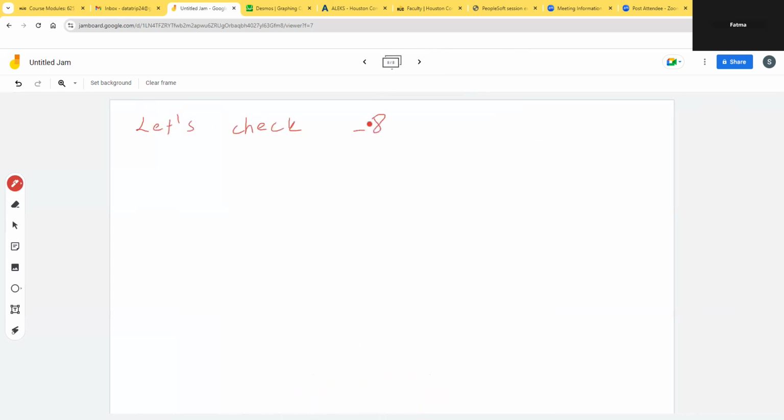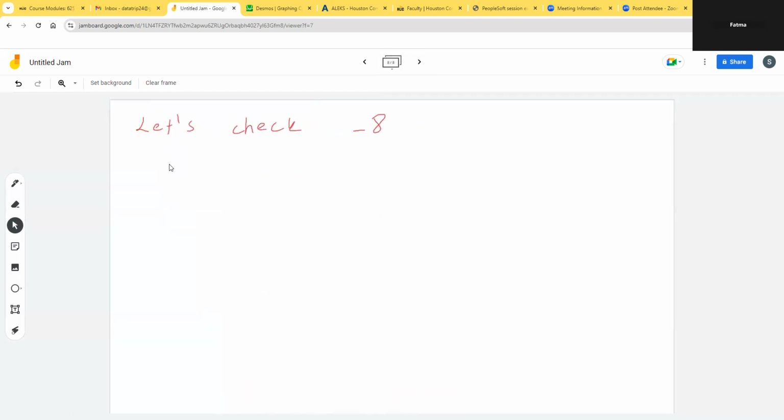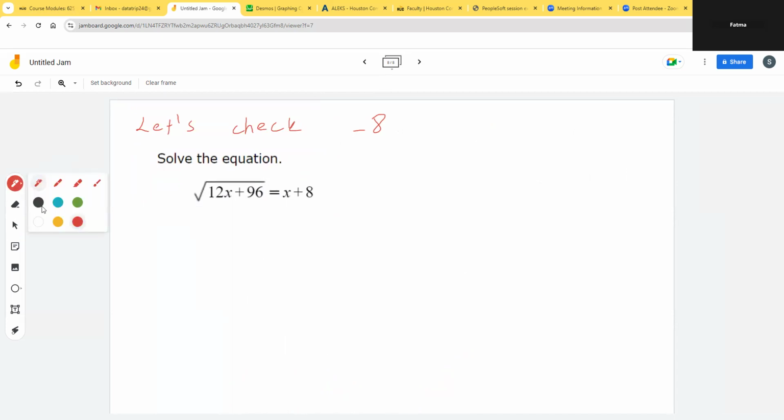Therefore, I will copy the main equation one more time on the next page. And then we want to check if negative 8 can be an answer. So I have a square root sign. I have a 12. Instead of x, what number do I need to plug in? Negative 8, right?